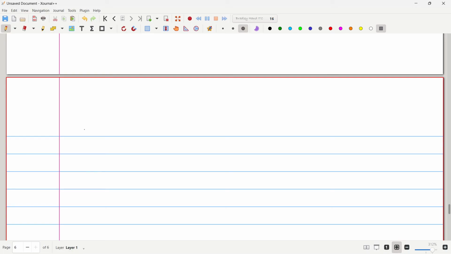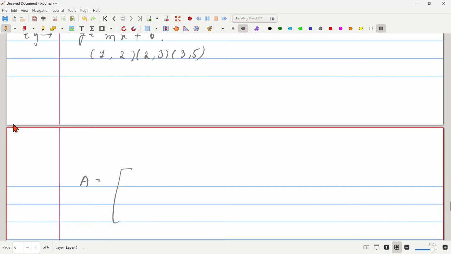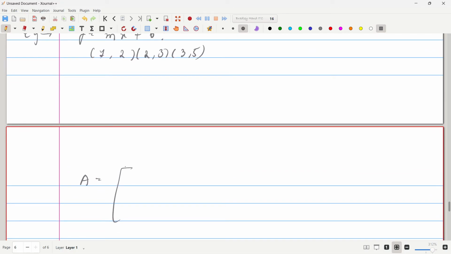First of all, you need to do one thing. You have to make a design matrix. What is a design matrix? On the left hand side of the matrix, you have to write the values of x. So what are the values of x? 1, 2, 3, and 1, 1, 1.